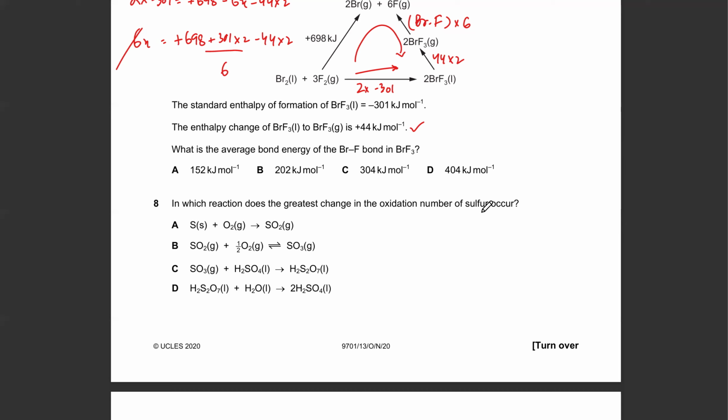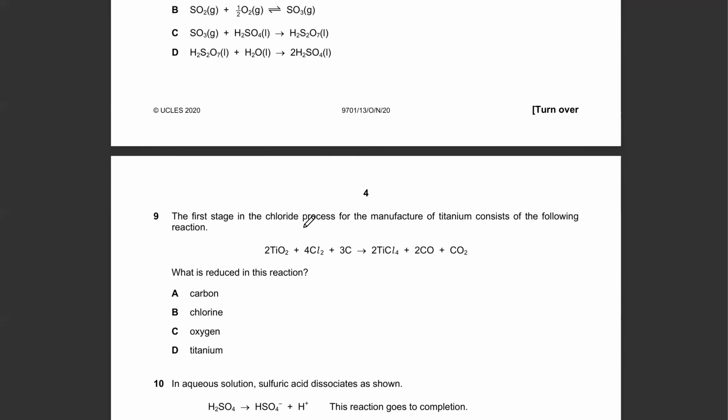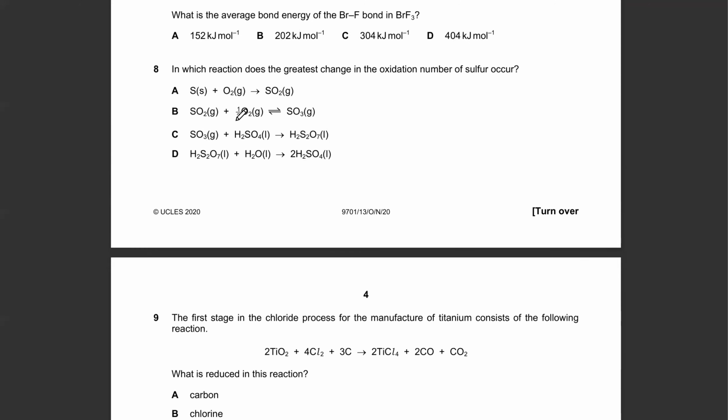Which one is it? Is it the first one? Yeah, it's the first one. So 0 to plus 4. I think it's the first one because the other ones they don't.